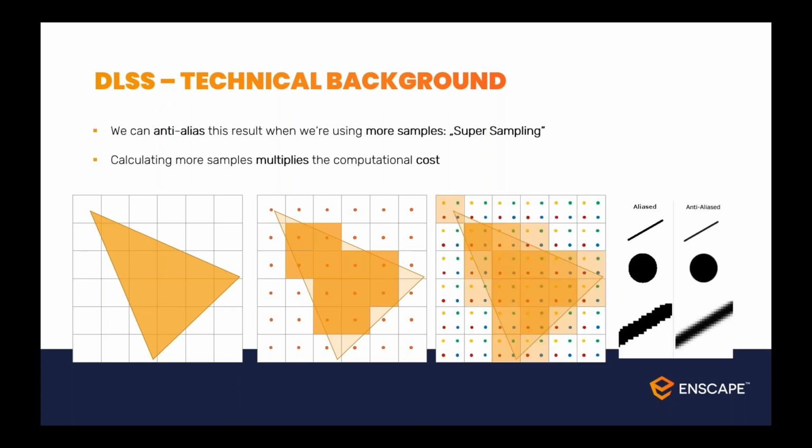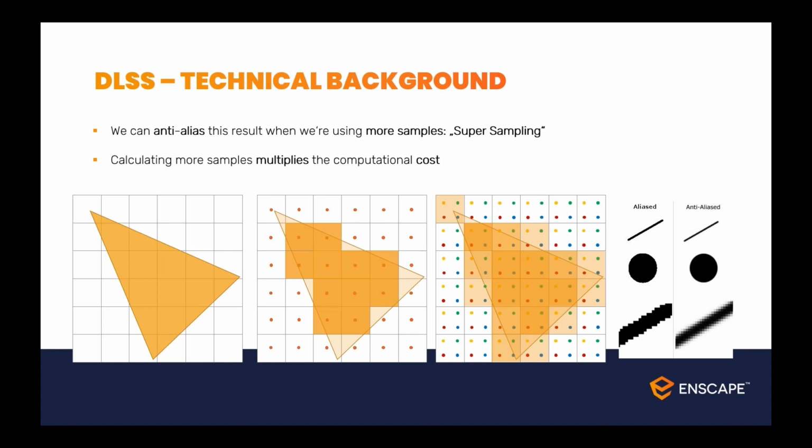We can solve that if we simply calculate more samples per pixel and then average the colors of the individual samples as seen here. This is a technique called super sampling. This way we can get smoothed edges and with that a much better representation of the original shape.